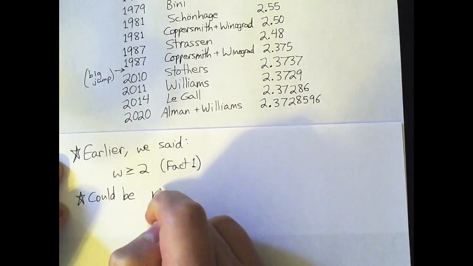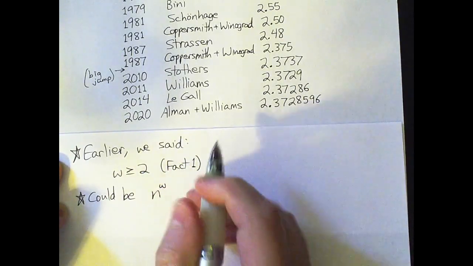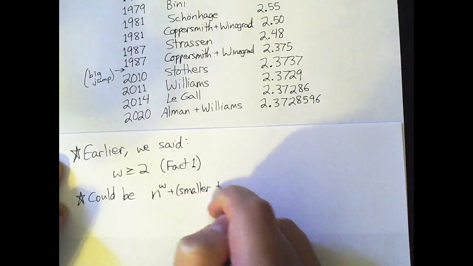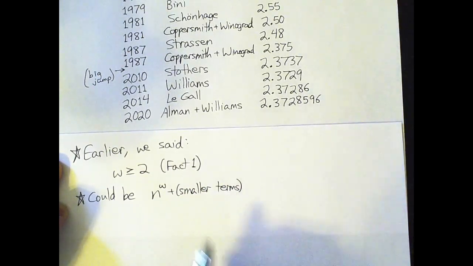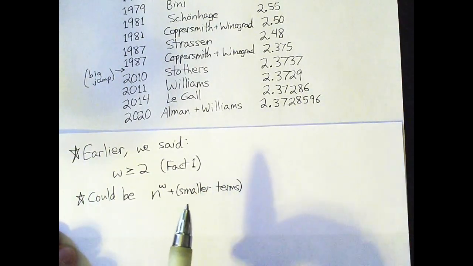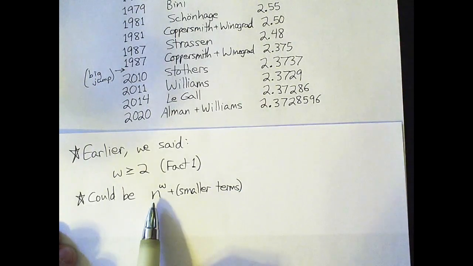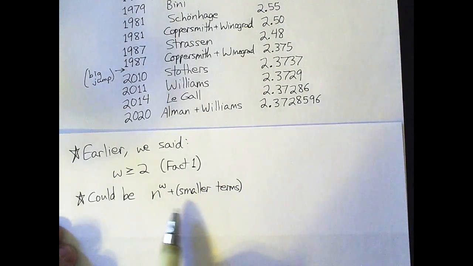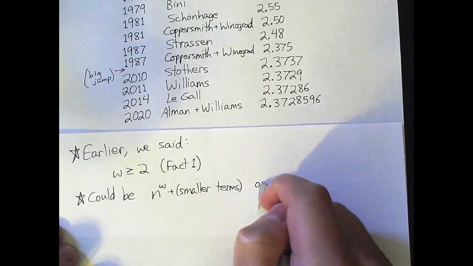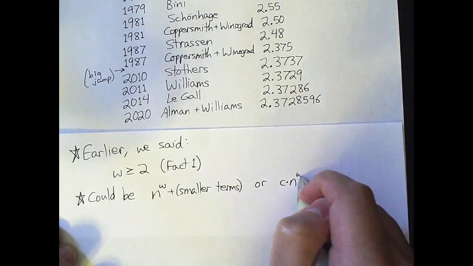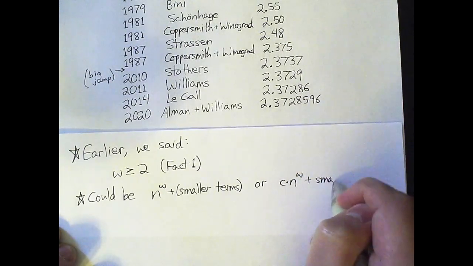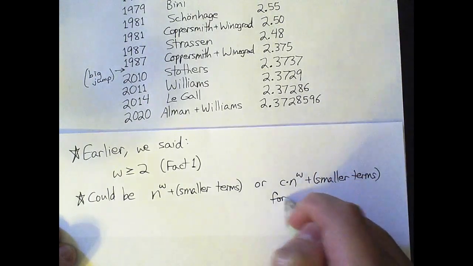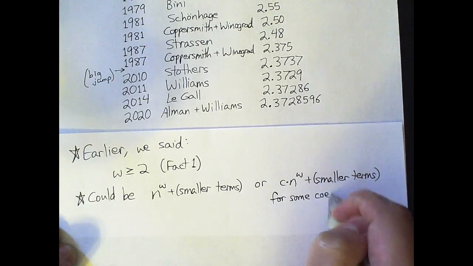It could actually be not just n to the omega like we've been saying, but n to the omega plus some smaller terms. That's something that I didn't address earlier, but we said that it uses n to the omega multiplications. It could be n to the omega plus something smaller, like plus n. Or it could be a constant c times n to the omega plus smaller terms, for some coefficient c.